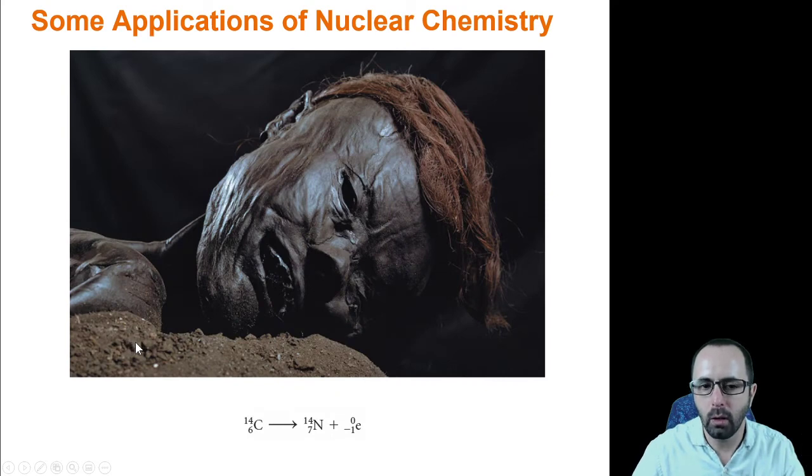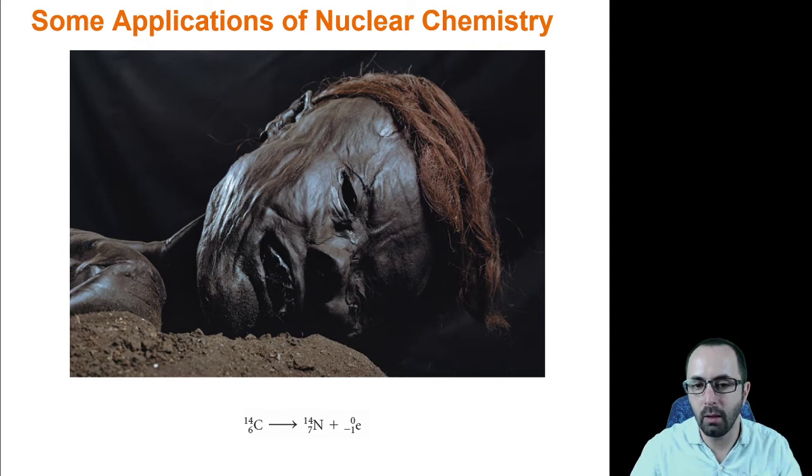So the next topic we're going to talk about here is some applications of nuclear chemistry, including talking about the time that it takes for nuclear events to happen and how that is used, and also how nuclear reactions are used in the medical field. So one important use of nuclear chemistry is in the radioactive carbon dating of formerly alive organisms that died.